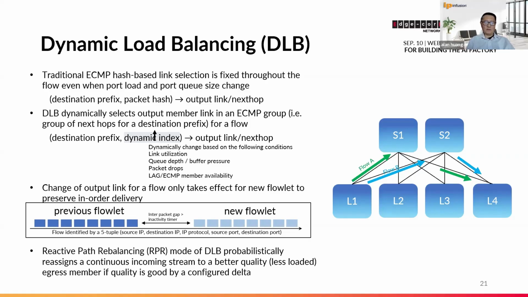For really very long lived flows where you never get a chance to shift the flow in the middle of a flow, practically, don't worry, there's a mode called reactive path rebalancing. So even for those type of flows, if the quality gap relative to a better link exceeds the threshold, the flow may be probabilistically shifted.